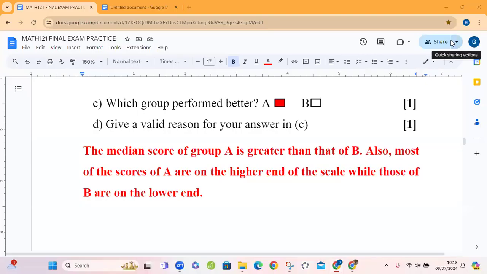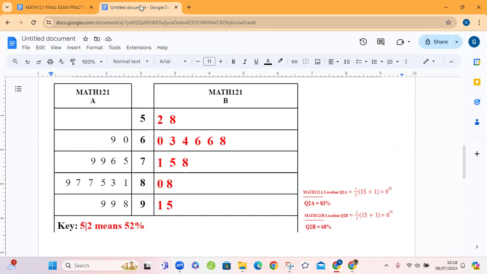Part C is asking which group performed better, and part D is saying to give a valid reason for your answer in part C. So which group performed better? Here we are talking about scores, okay? So the group that got on average the highest score is the better. As you can see, the average for group A is 83.